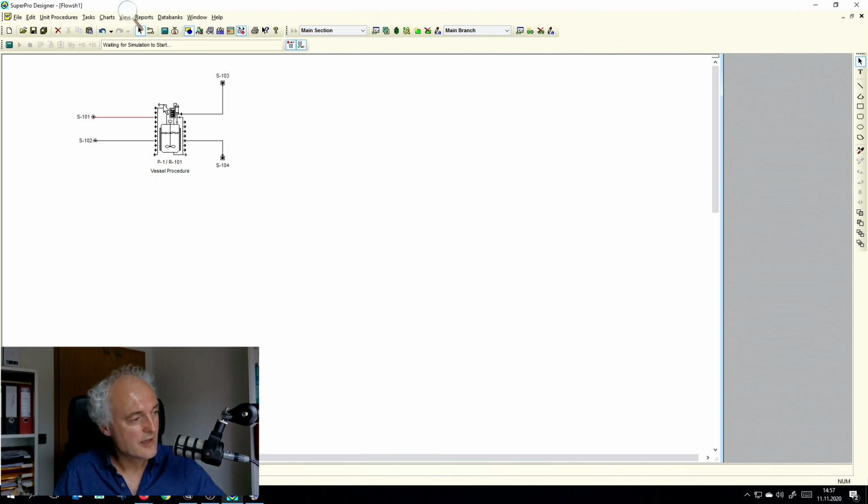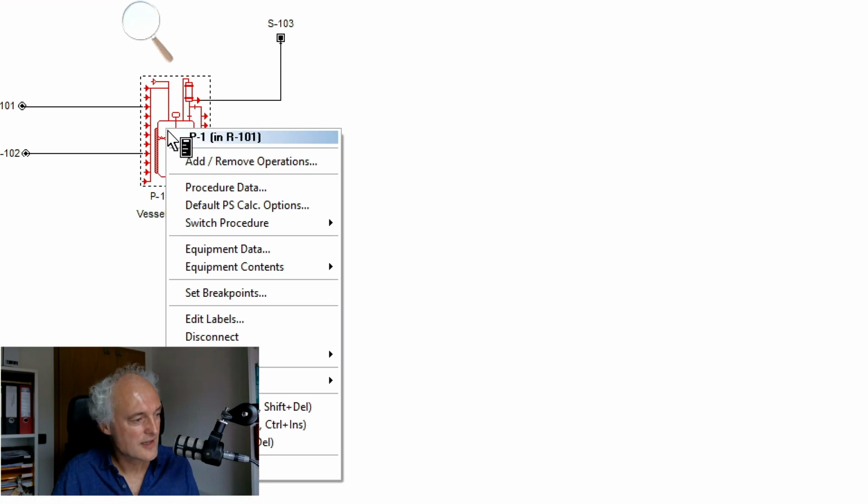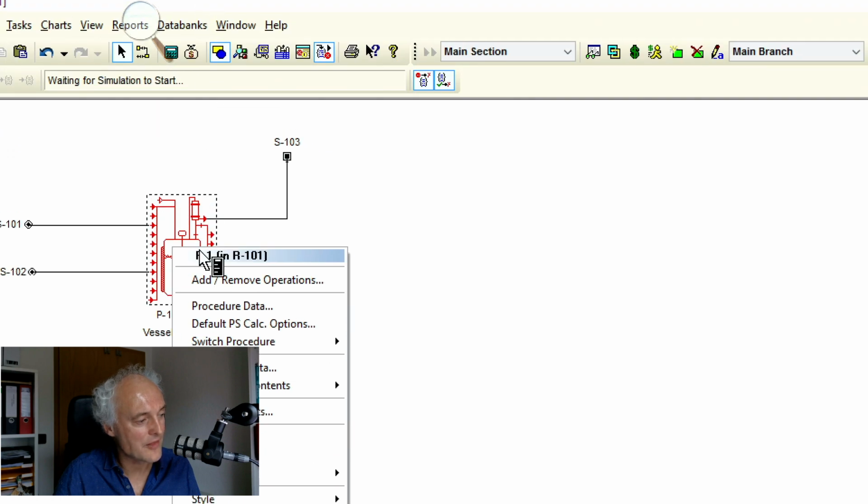We right click on the vessel, and then you see that there are different things appearing. We have add remove operation and other things. At this point, we don't care about the other things. We go for add remove operations.